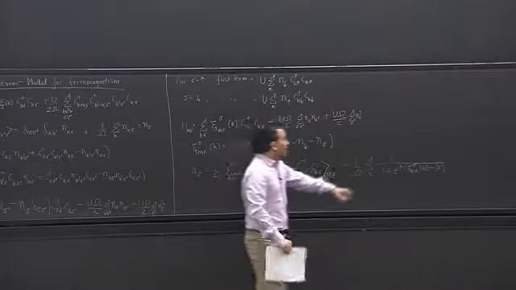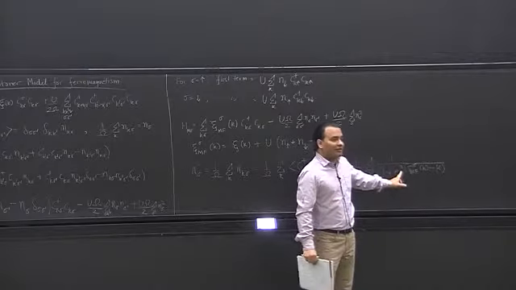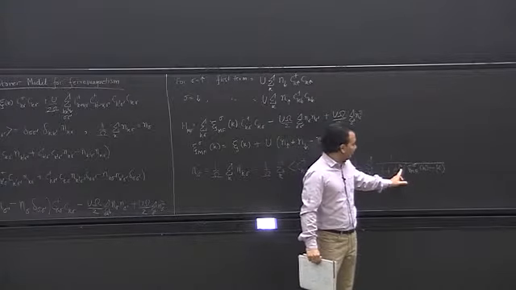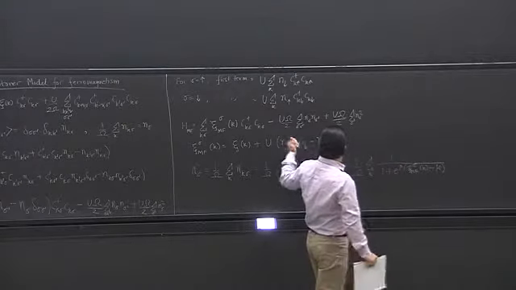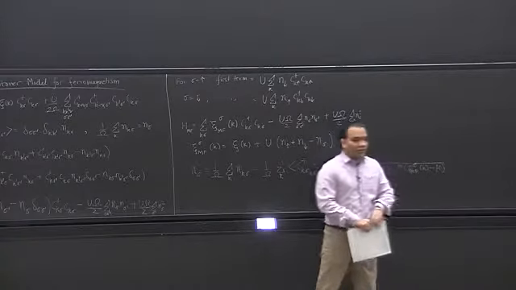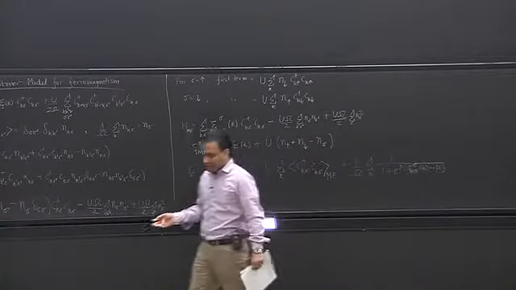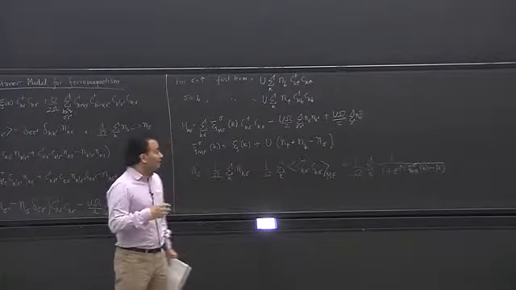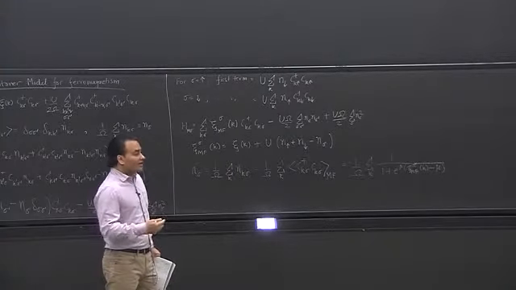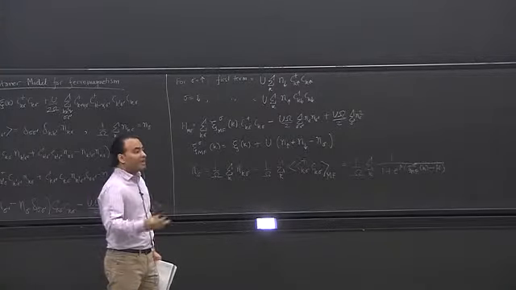Here beta is inverse temperature, 1 over Boltzmann constant times the temperature. This is the mean field energy, and this mu is now the chemical potential, which is a generalization of the Fermi energy.